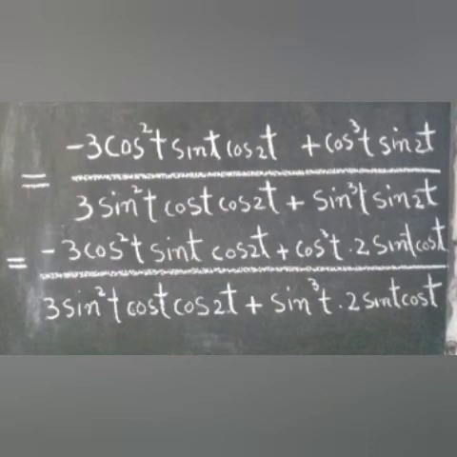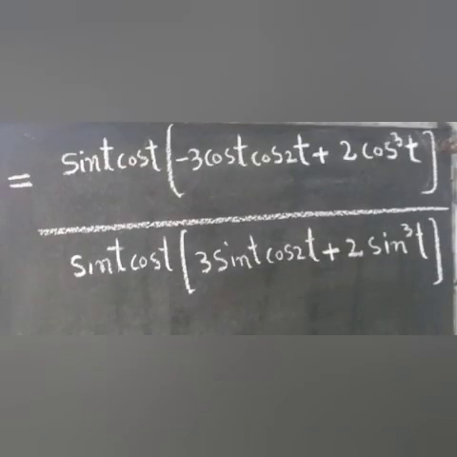So instead of sin 2t, we write twice sin t cos t. Thus we get dy by dx as minus 3 cos square t sin t cos 2t plus cos cube t twice sin t cos t, divided by 3 times sin square t cos 2t plus sin cube t into twice sin t cos t. Now in the numerator we take sin t cos t common.